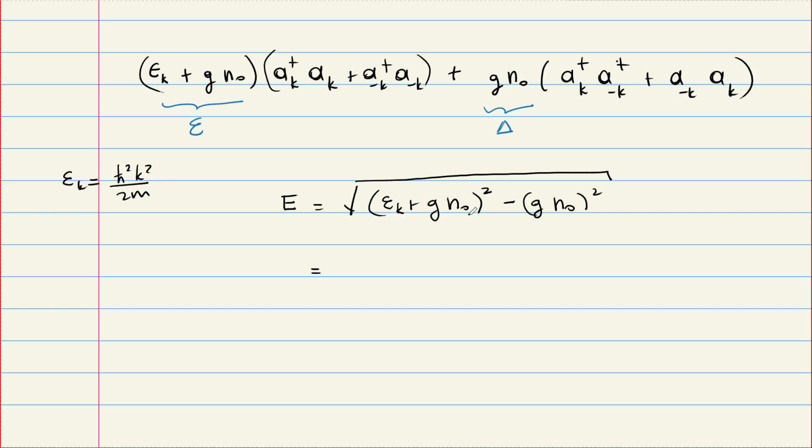So this is going to be root epsilon of k times epsilon of k plus 2g n0, where epsilon of k is h bar squared k squared over 2m.